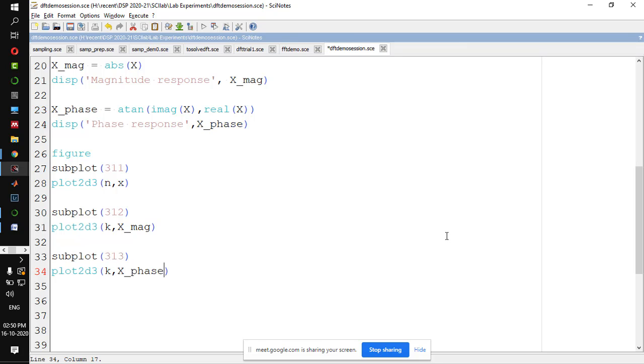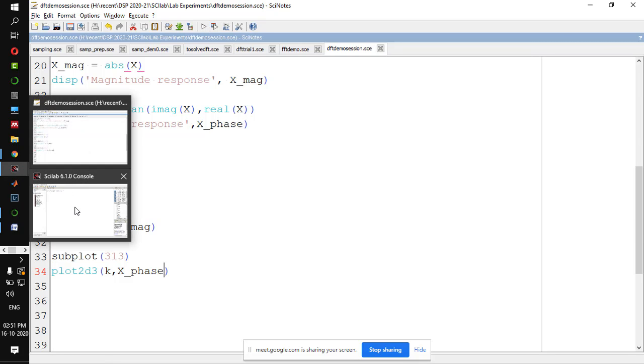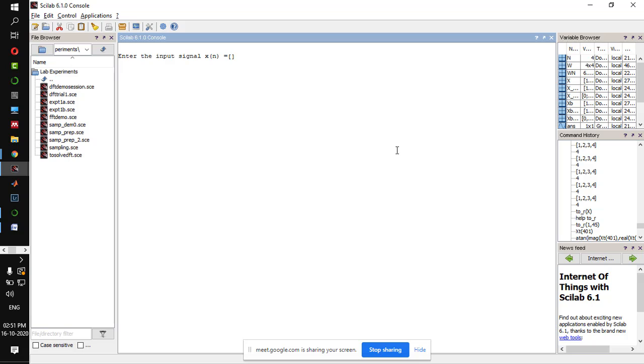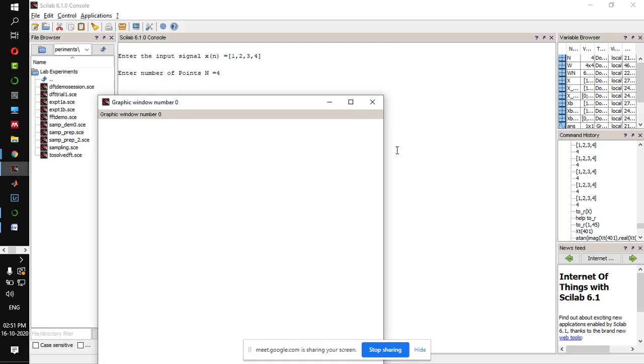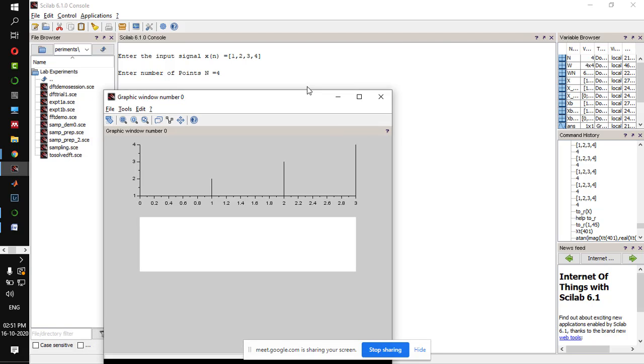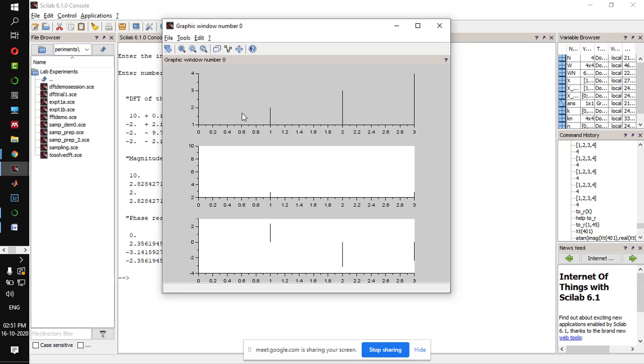Control P. Fine. So if I run it, one, two, three, four. This is 4. Okay. So this is x of n, this is the magnitude response of x of k, and this is the phase response of x of k.